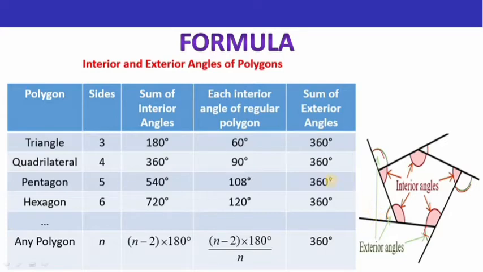Now the question is, what will be the sum of interior angles? It always depends on the number of sides. For example, in a triangle the sum of interior angles is 180, but in the case of a quadrilateral it is 360. If you add all the interior angles, you get 360 degrees, and in a pentagon, if you add all the interior angles, you get 540.